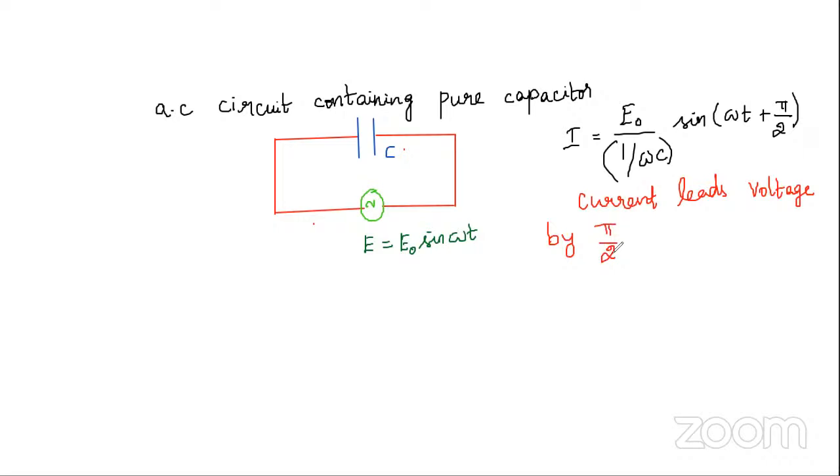For a pure inductor your voltage leads current by pi by 2, but here current leads voltage by pi by 2. So here how can you represent the peak value of current? The peak value of current can be represented like this: I naught equal to omega into C into E naught.